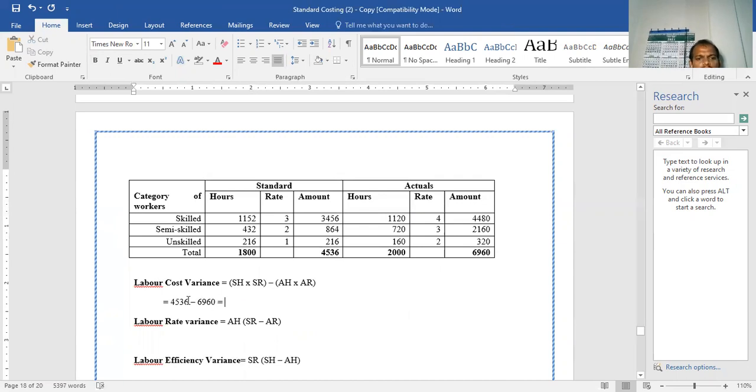Here the minus value is more. The prescribed cost for labor is 4536, but the company paid an excess amount. It means adverse variance: 2424 adverse.